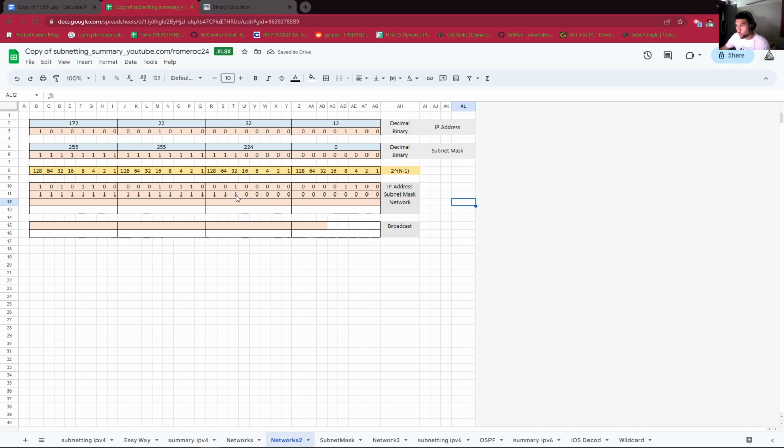So once again we multiply. When we multiply with 1, we get the same answer as the top, so just copy and paste it here. And the same again for this. And we paste 0 where the mask has 0, because anything multiplied with 0 gives 0. So change it back into decimal.